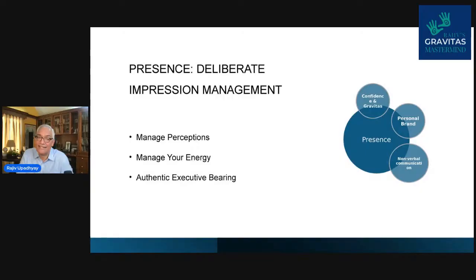And authentic executive bearing, how do you come across in your dressing, in the way that you talk, in the way that you walk, in the way that you speak? Now, one example here: when you are speaking at a very fast pace or high volume, right? People don't associate that with executive communication.